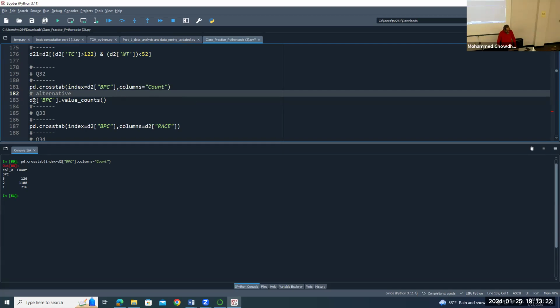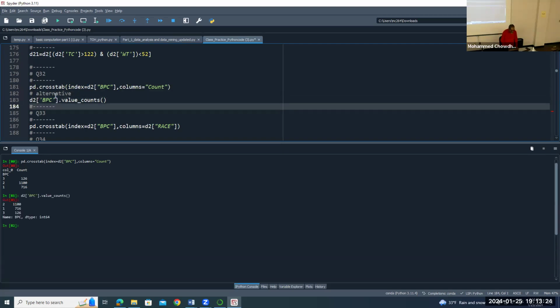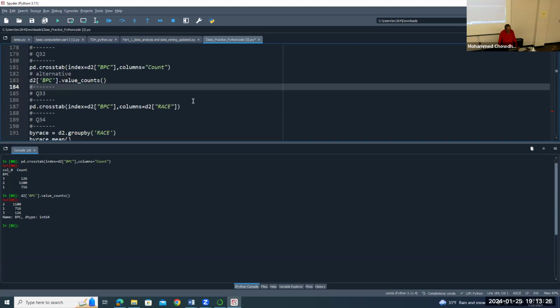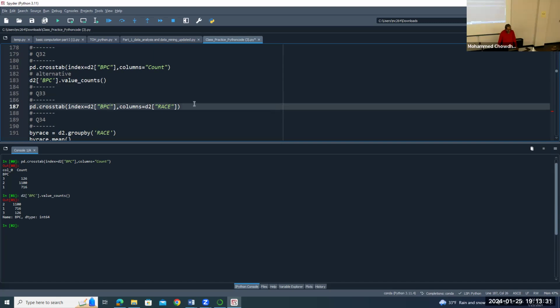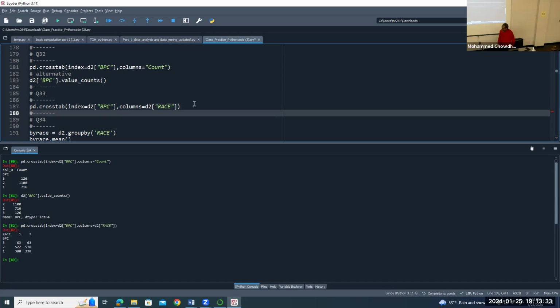Now, this is the alternative approach of finding the same. Now, I want to find the blood pressure category for the race variable and blood pressure category. So in this case, if you take a look, I put here column equal to race, and then this index is coming by the row. So index D2 equal to BPC 3 to 1, and column D2 race equal to 1 and 2. How can I read this?